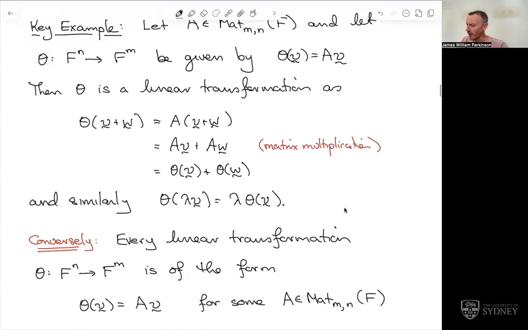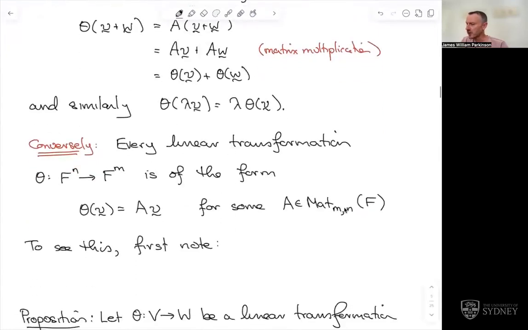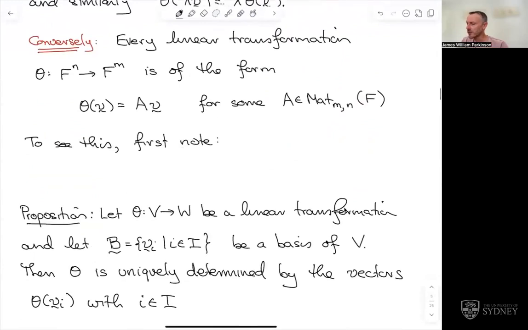All right. Anyway, I want to prove this, of course. So I'm saying conversely, every linear transformation is of this form. To see this, it's convenient to first note the following fact, which is useful to have in your mind anyway. If we have a linear transformation from V to W and a basis of V, then the linear transformation is uniquely determined by its values on the basis.